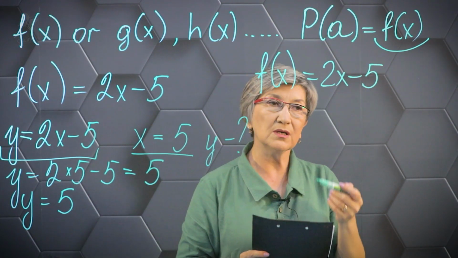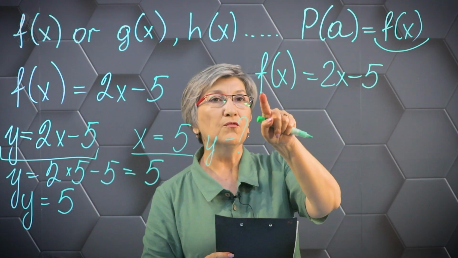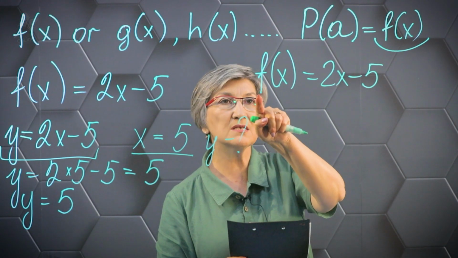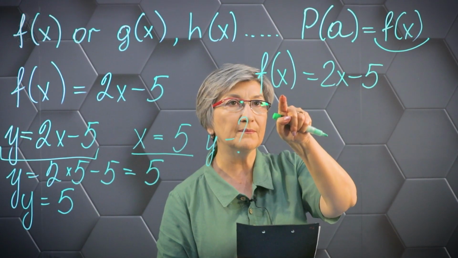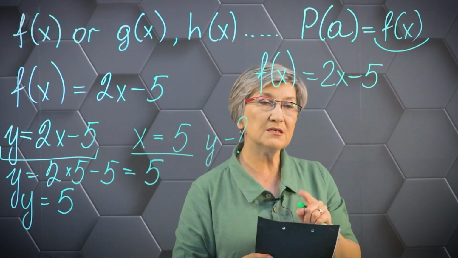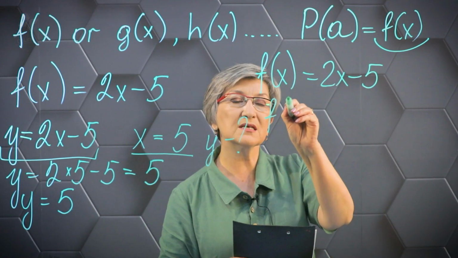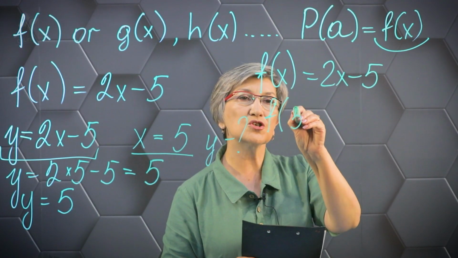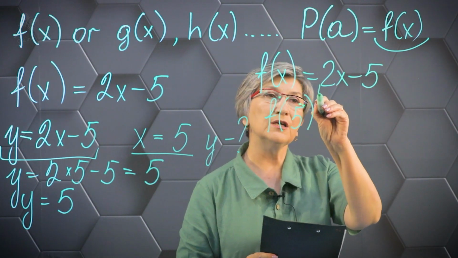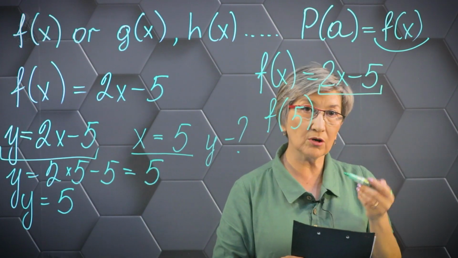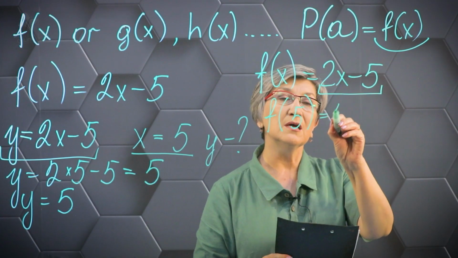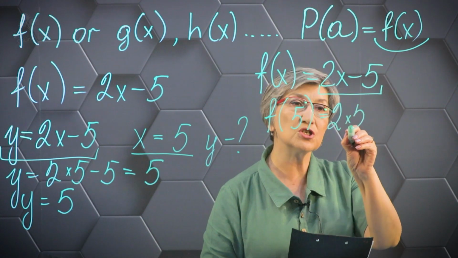That's what I mean by the functional dependence on x. And then notice the following notation. If I substitute the number 5 for x, then in the formula itself, which expresses this dependence, I must also substitute 5 for x.